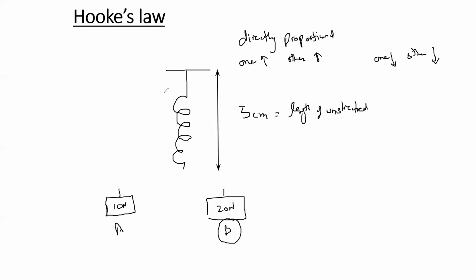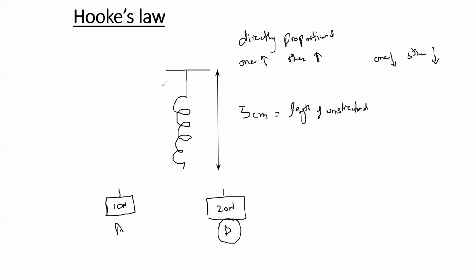In mathematics you will study the directly proportional relation in detail. So according to Hooke's law, force and extension are directly proportional. If you increase the force, the extension will also increase. Greater the force, greater the extension, or increase in the size of the spring.